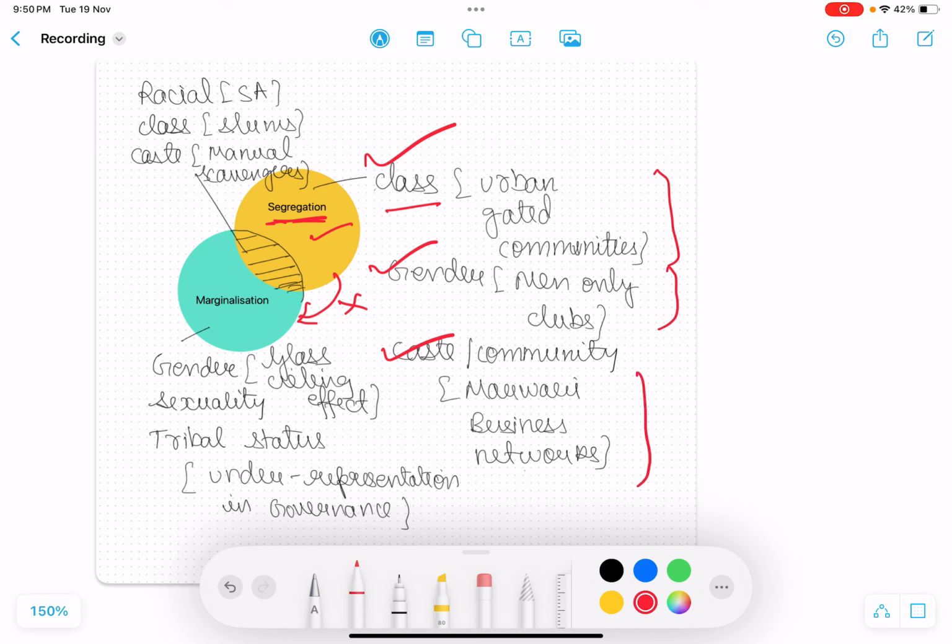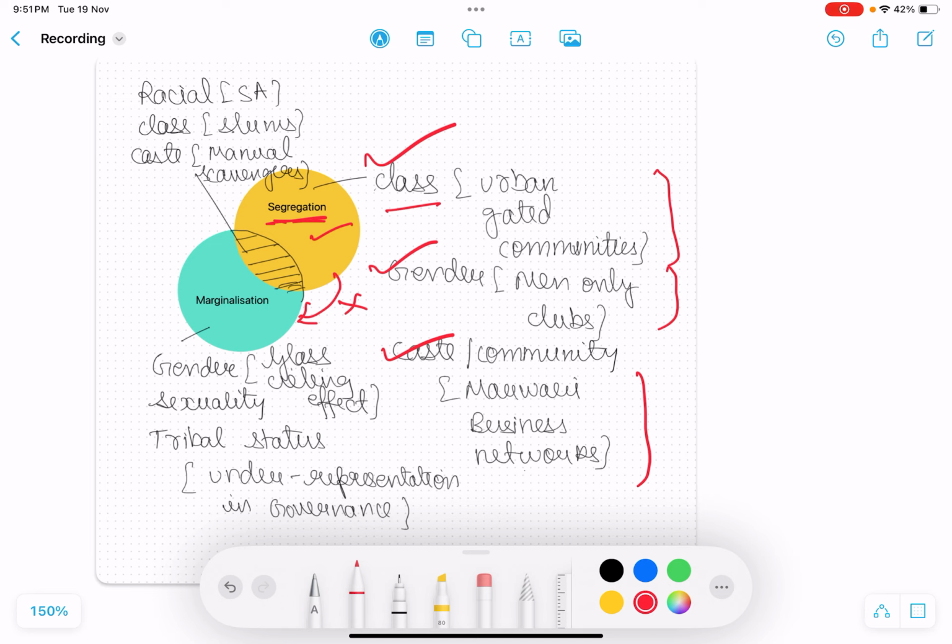For example, the Marwadi business community in India has a lot of diamond merchant trade and other exclusive trades that they do on caste patterns, which are great, privileged business circles. So it's segregation, but it is not marginalization. Their contribution is not being undervalued.